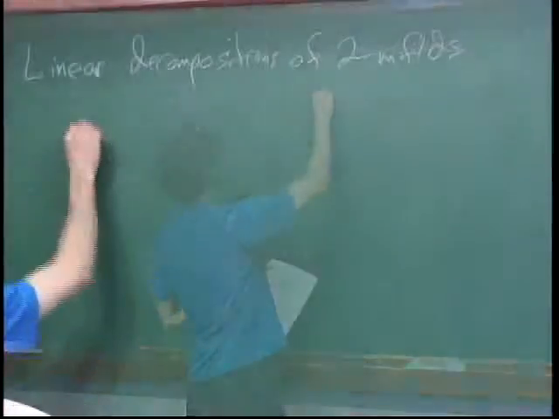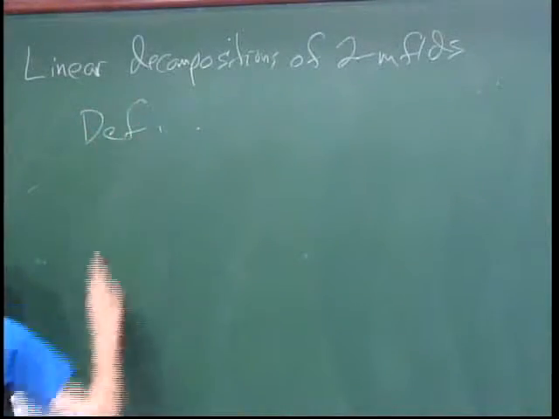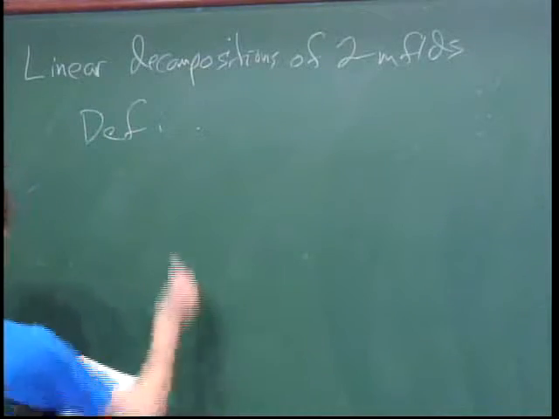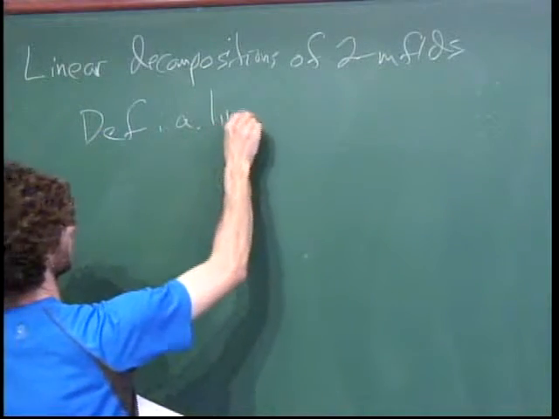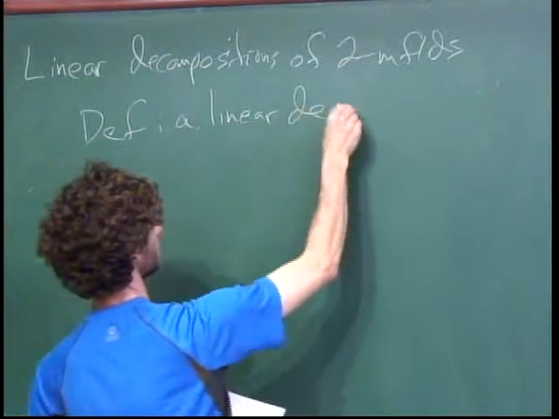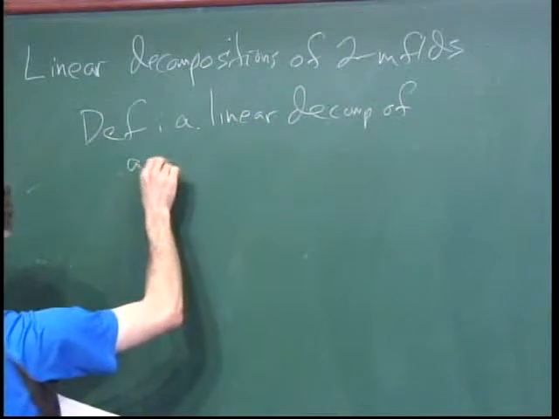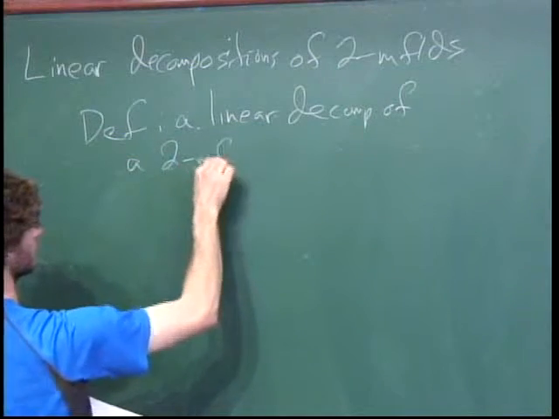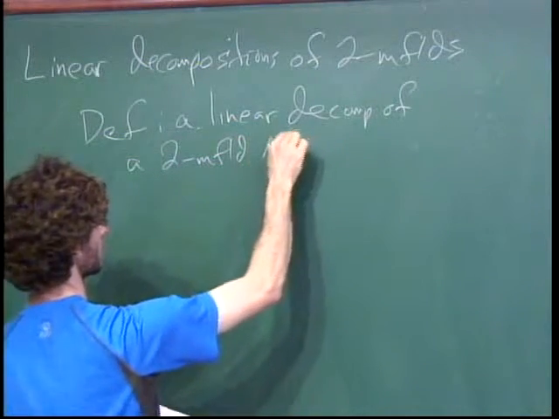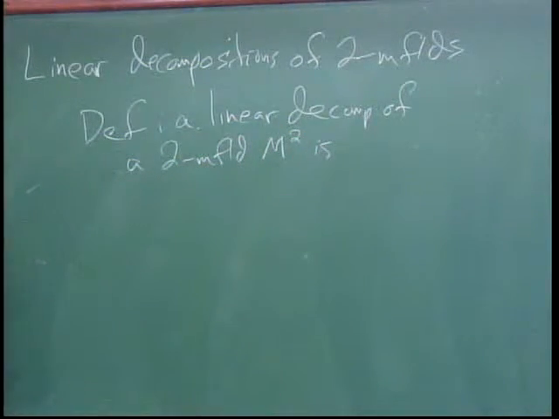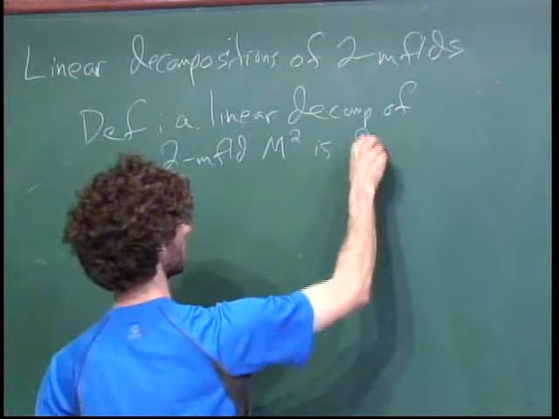So what is, well, let me give a silly definition first. A linear decomposition of a two-manifold, say M2, is just a diffeomorphism from the two-manifold to some particularly nice kind of manifold.